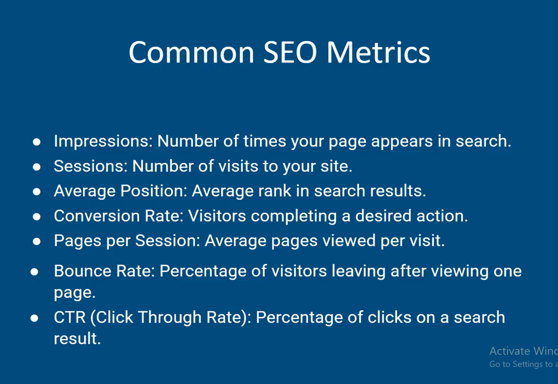That is the pages per session. Next is bounce rate. It tells you the percentage of visitors who leave our site after viewing only one page, which can indicate engagement issues. Finally, CTR. Click-through rate measures how often users click on our link after seeing it in search results.